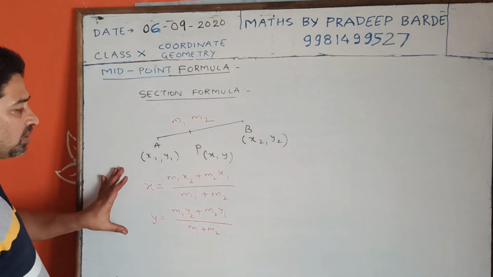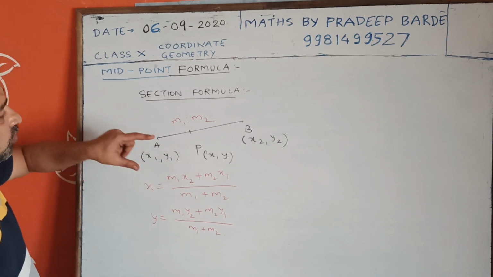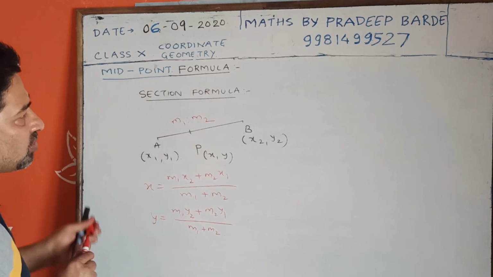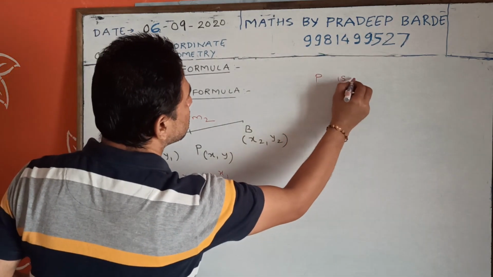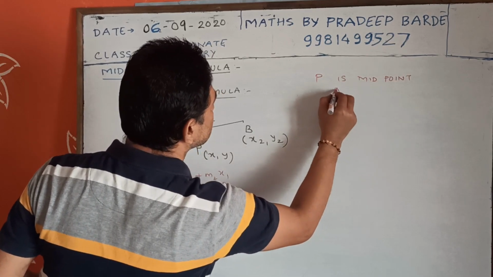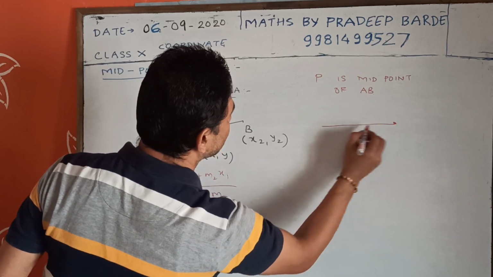Right? Now in this case, here P is a point which divides AB in the ratio m1 is to m2. Now when we say P is midpoint of AB, that means the figure is like this.